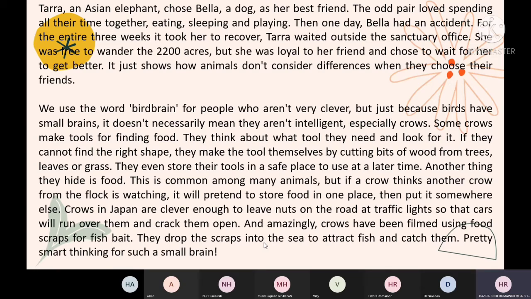All right, Dani, are you there? From that paragraph, can you identify which one is gerund? From this sentence, Tara, until the last word, which is friends. So which one is gerund?